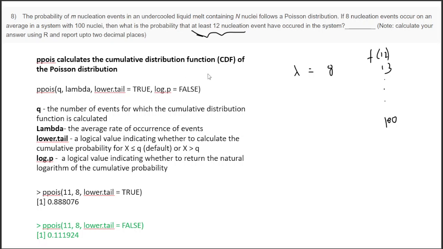We can plug in the value of x equal to 11 here, and the rate at which it occurs is 8, and lower tail FALSE, because we have to find above. If it were at most, it would have been below, but it is above, so we have to give FALSE. By default it is TRUE. This is the answer.